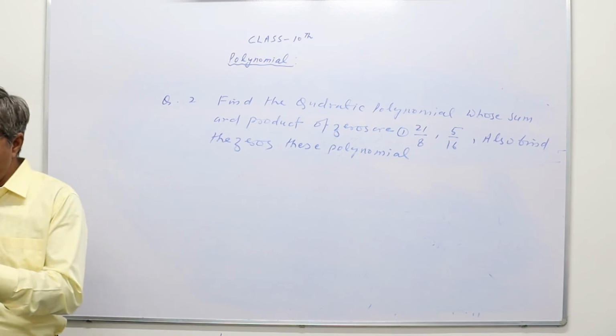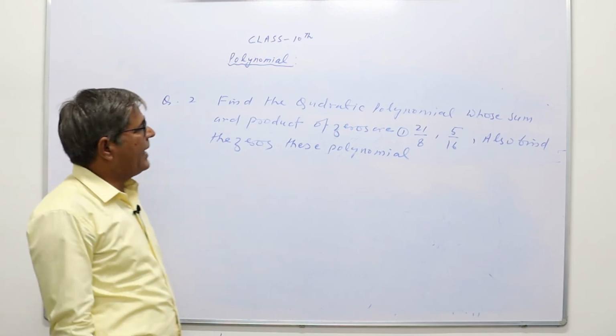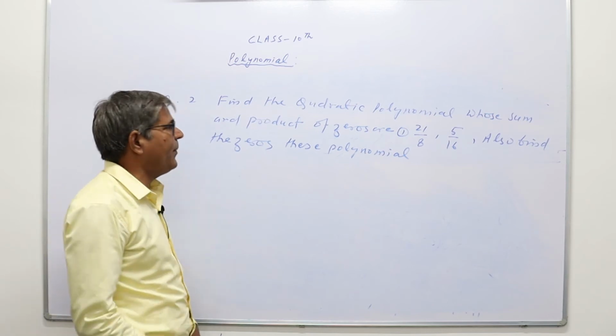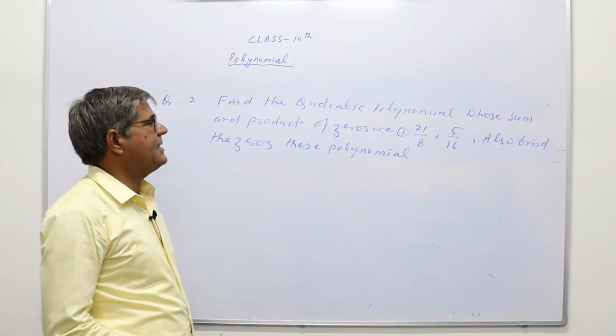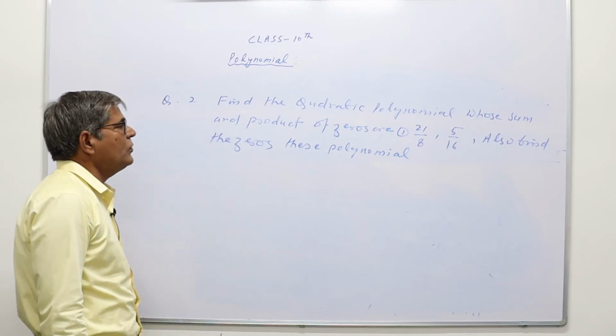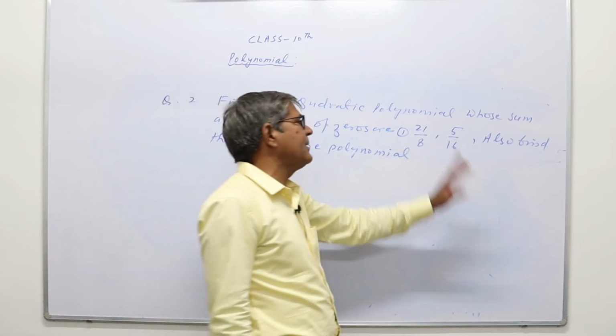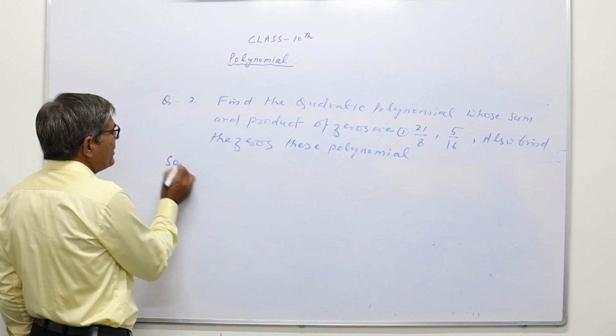First we have to find the required quadratic polynomial, and then using factorization we have to find those zeros whose sum and product are these. So first, how will we solve?